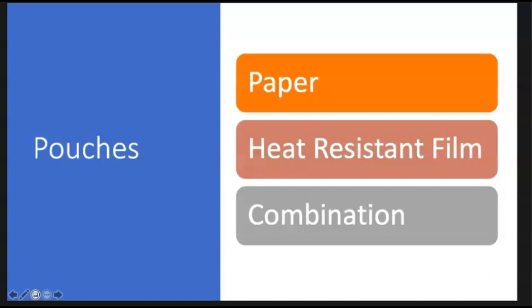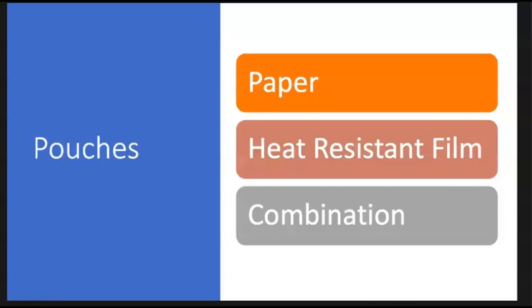Pouches. Pouches can come in different forms. You can have paper pouches, heat-resistant film pouches, or a combination of paper and film pouches. These pouches can be used to sterilize individual amounts of gauze squares, bandage material, or instruments that require separate sterilization.